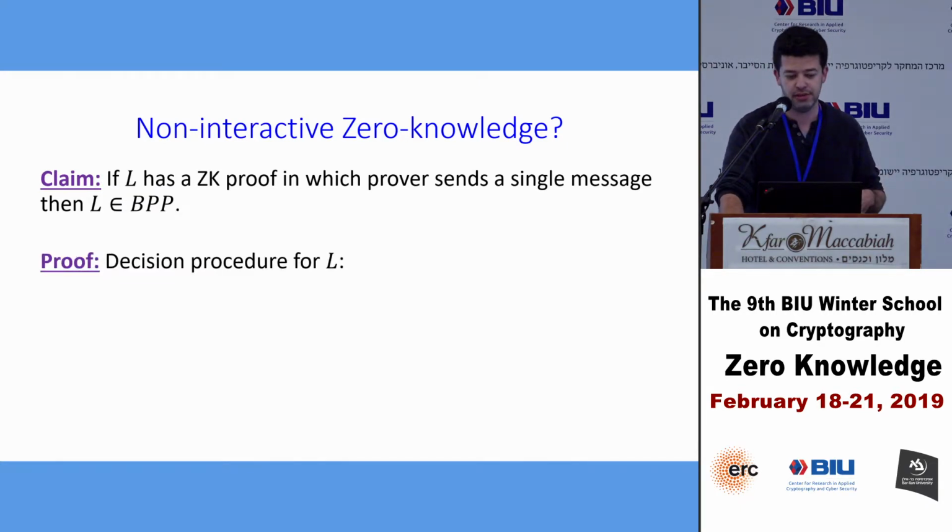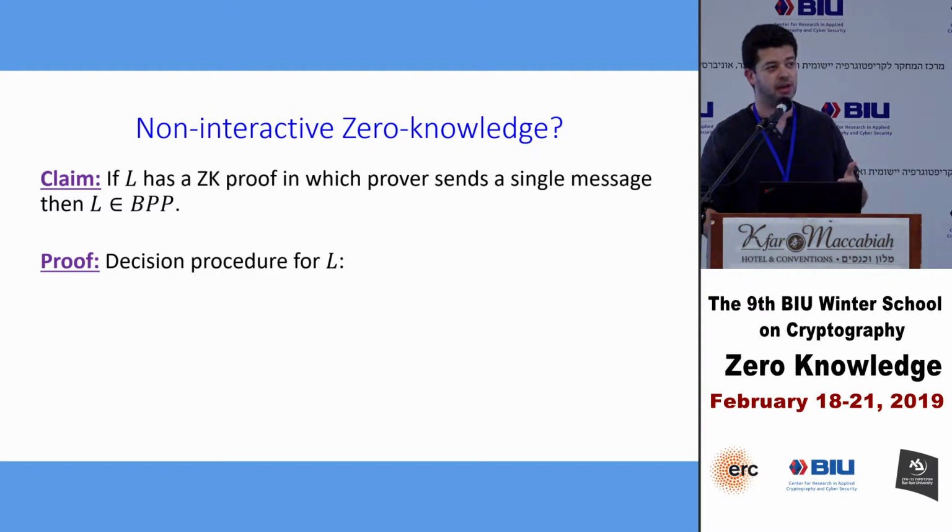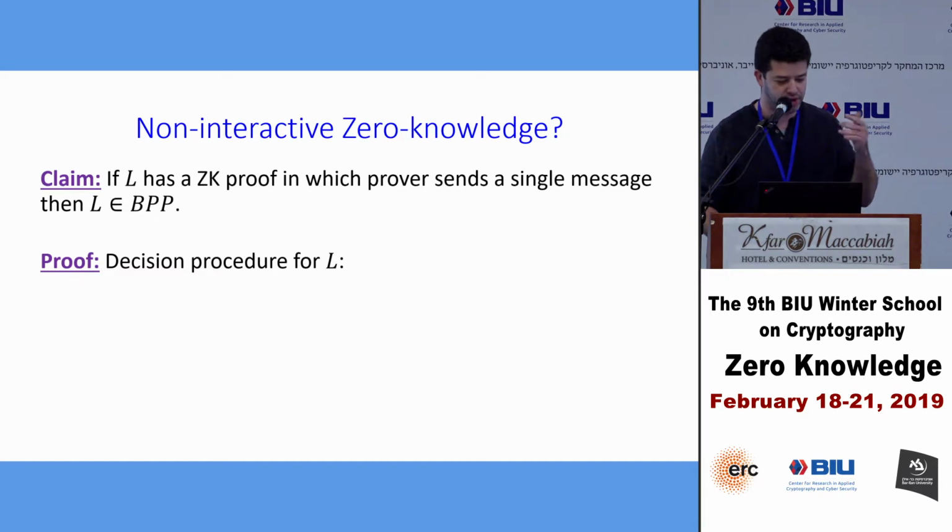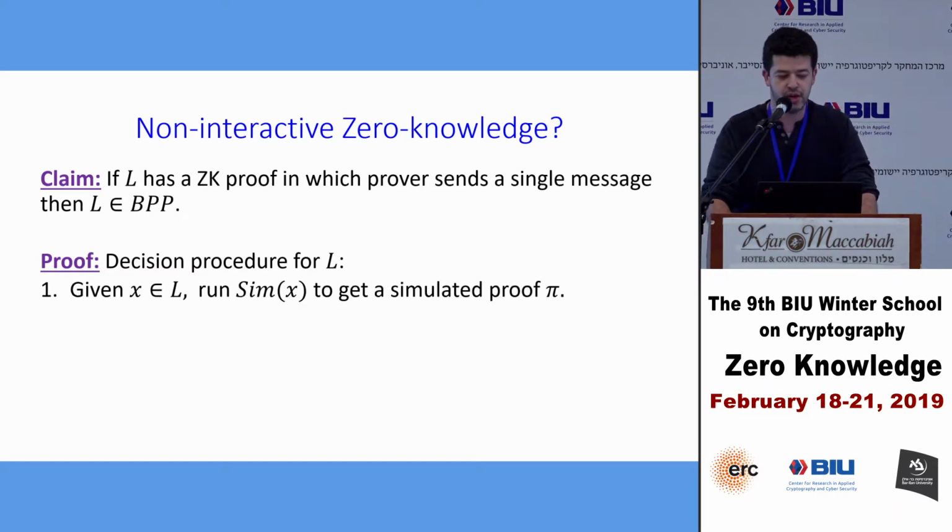Let's see the proof. Well, let me just directly describe a decision procedure for deciding whether a given input X belongs to this language L. I'm not sure if possibly Alon showed you this in the morning. In case he did, I'll just quickly repeat it. So here's the idea.